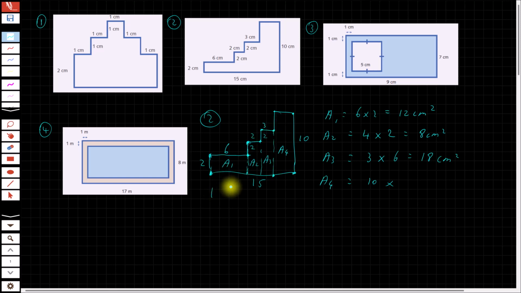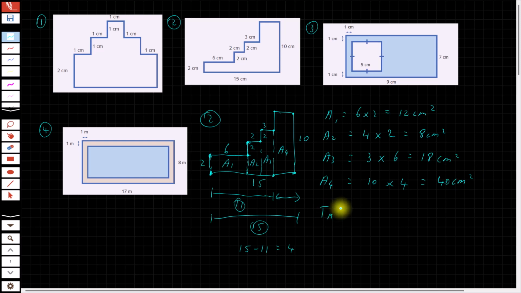So if that distance from there to there is 11, and that distance from there to there is 15, we can calculate the distance from here to here. So 15 take away 11 equals 4. So we have 4 here. So 10 times 4 is 40 centimeters squared.